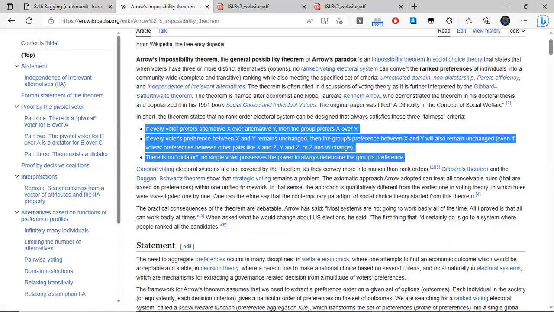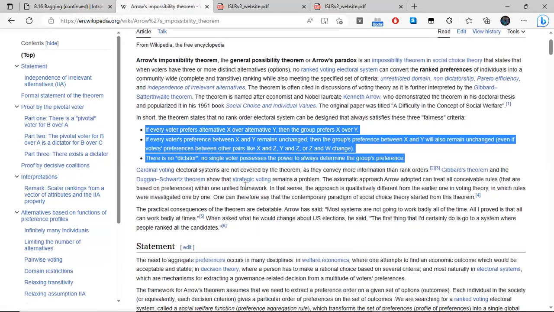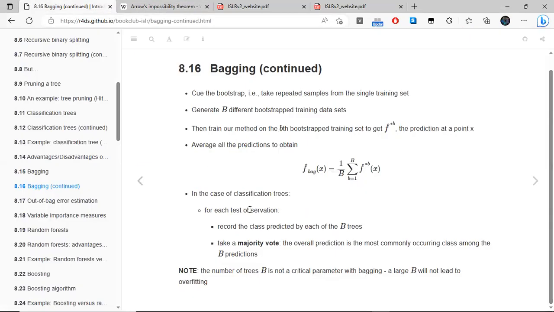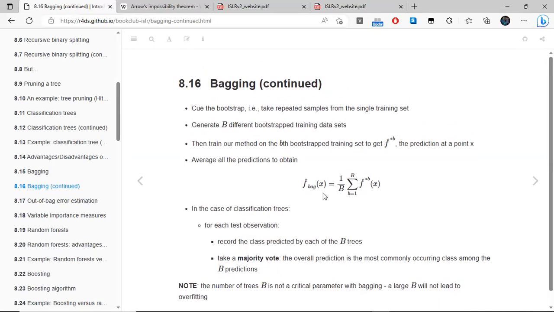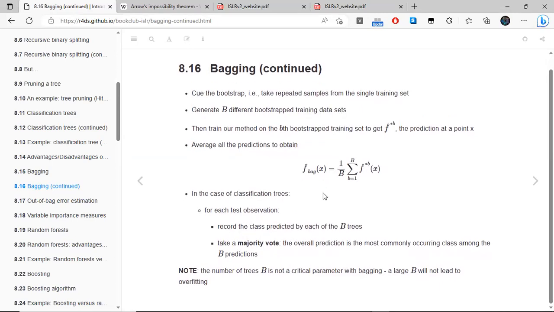So something like alternative voting, also called ranked voting. That would be something interesting to investigate, because I do suppose that it would lead to a decrease in testing error.